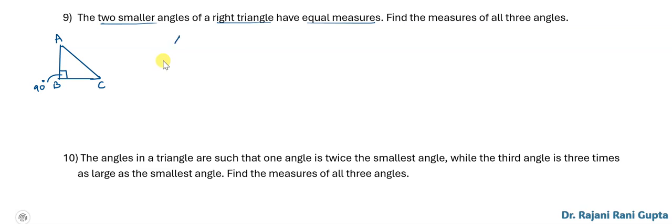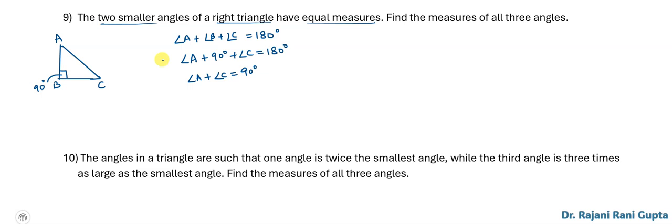We know that the sum of internal angles of a triangle is equal to 180 degrees. Now one of the angles, B, is 90 degrees. So angle A plus 90 degrees plus angle C is equal to 180 degrees. So angle A plus angle C is equal to 90 degrees because it is 180 minus 90.